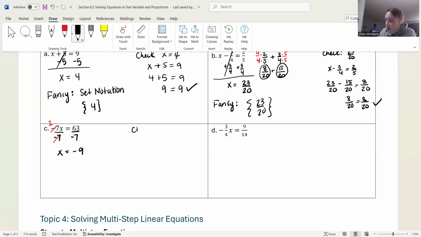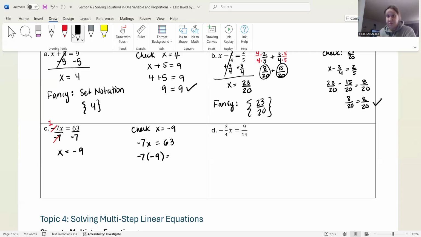Okay, so let's check our work. So we're going to check x equals -9. Our original equation was -7x equals 63. We want to rewrite that. Anywhere we see an x, we want to replace it with -9. And if we get a true statement, we're good to go. So I get -7 times x, which is -9. And notice I just used parentheses to replace the x with -9.